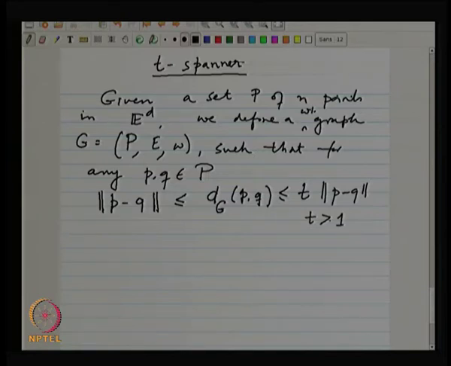So, you look at the path. The graph has the points of P as the vertices, and there are some edges. Of course, if you do not have any edges, then the distance becomes infinity, and that is not consistent with the definition. So, we will have some weight, and in fact, it must be a connected graph. Otherwise, there will be some pair of points which is not connected in the graph, and therefore the distance becomes infinity.